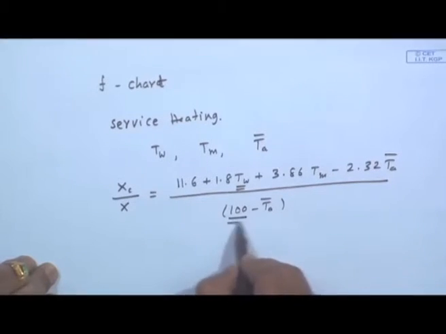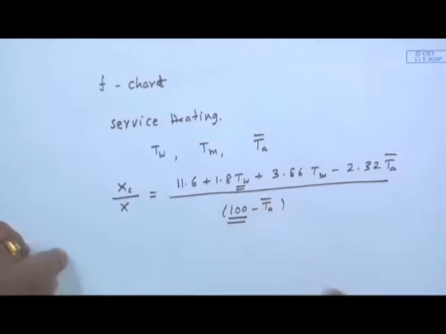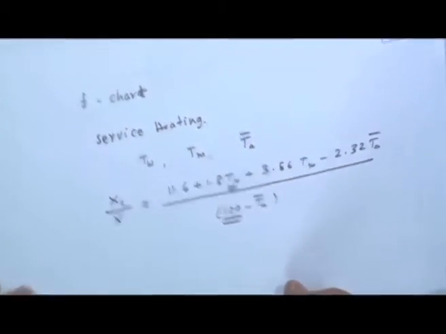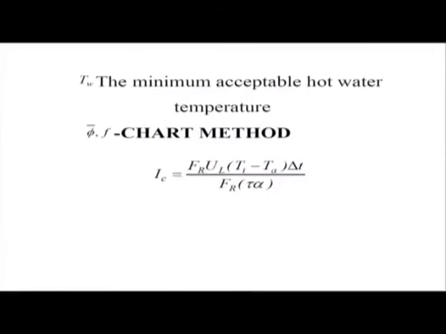Once again, I have emphasized this 100 has absolutely nothing to do with the boiling point of water. This is only a scaling factor in defining x. So, TW is the minimum acceptable hot water temperature.